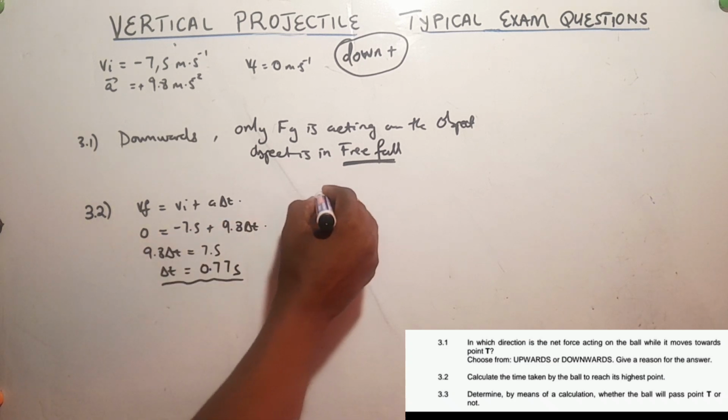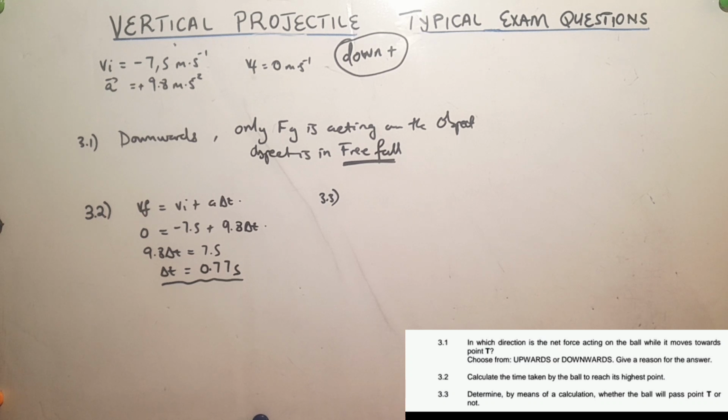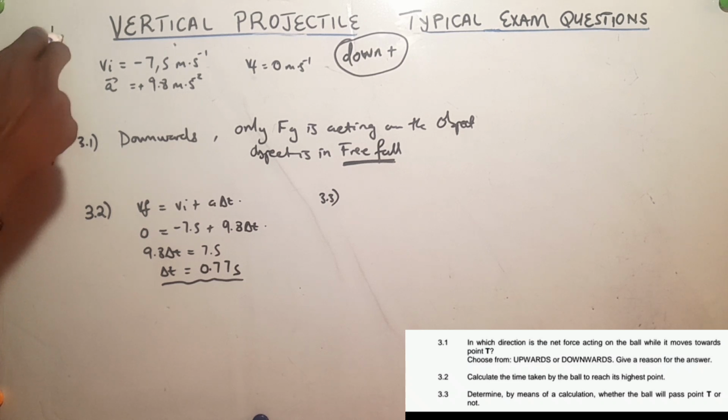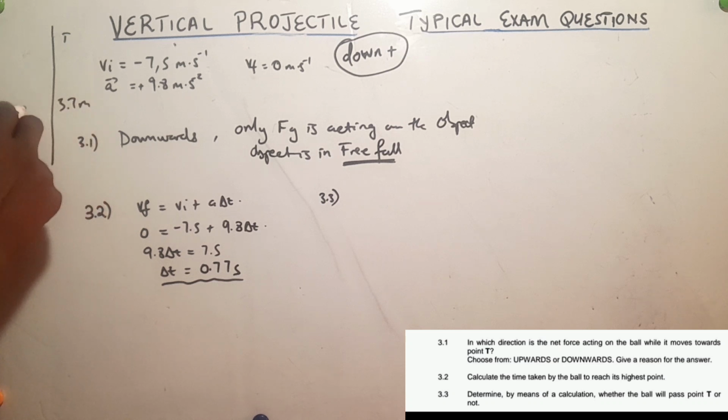And 3.3, it says determine by means of calculation whether the ball will pass point P or not. So let's take a look at what we have. We know that this point T is at 3.7 meters, but this person threw the ball at 1.6 meters.